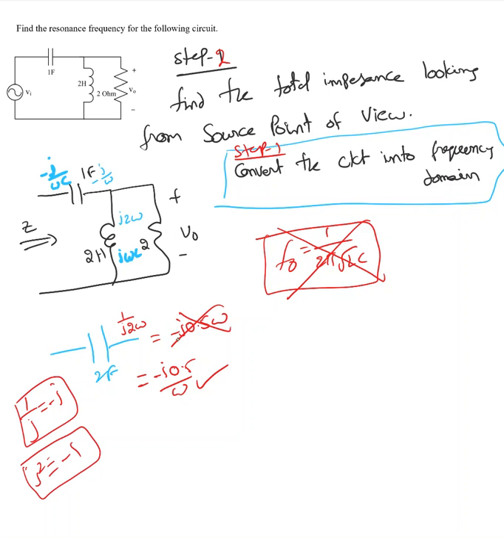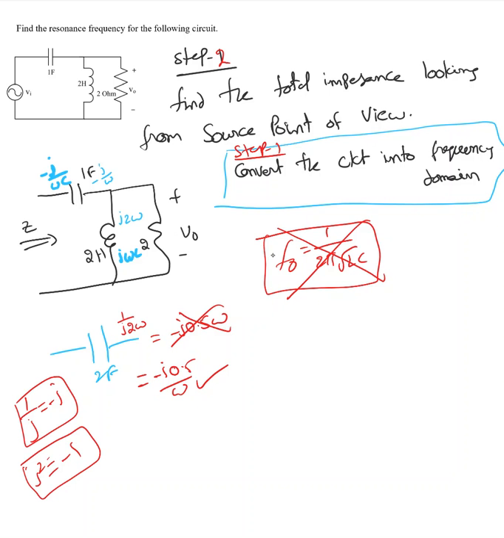I saw people writing this as minus j, 1 over 2 as 0.5, and they unknowingly take the omega from the denominator to the numerator. I saw lots of people doing this in the past. So make sure that it's minus j 0.5 over omega, not minus j 0.5 omega. Okay, those are the two silly mistakes I saw in the past.